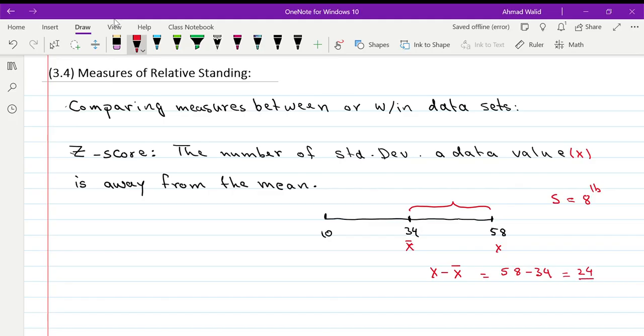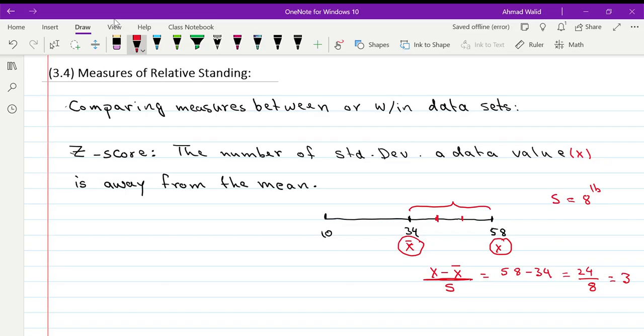If I simply divide 24 by 8, it gives me 3. 8 is your standard deviation. If I create this formula, x minus x bar over s, that gives me the number of standard deviations my data is away from the mean. My data x, which is 58, is 3 standard deviations away from 34, correct?